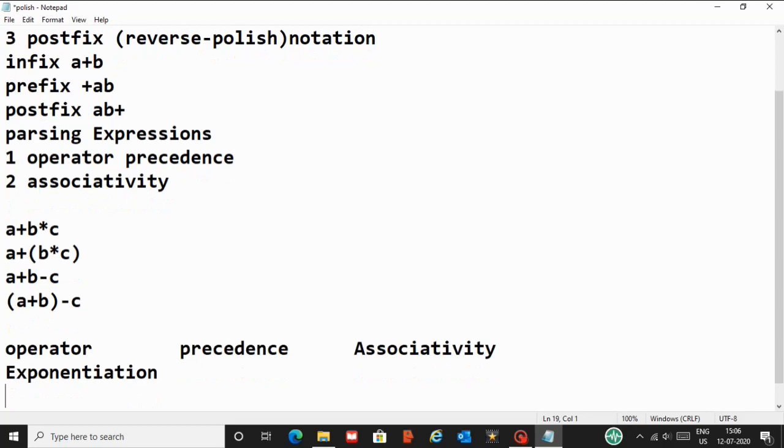What is the symbol? It has got the highest precedence. Associativity is right associative.